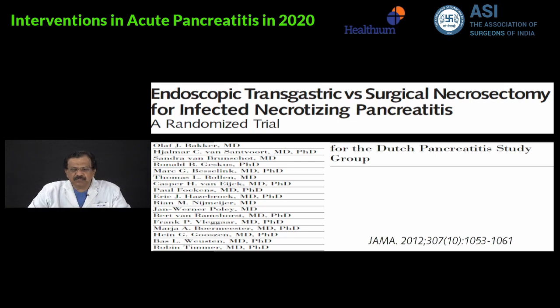This is the Dutch pancreatitis study, which compared endoscopic transgastric versus surgical necrosectomy. Let us be very clear. The endoscopic transgastric group is basically walled-off necrosis in relation to the stomach or the duodenum, and surgical necrosectomy is for all those patients who have extension to the paracolic area, pelvis, or into the mediastinum.